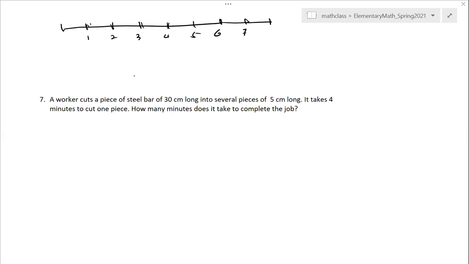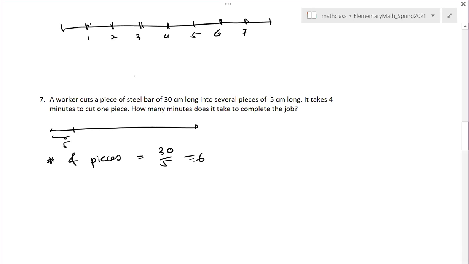So when you see a problem like that, you draw the picture, okay? So this is 30 centimeters long, cut into several pieces of 5 centimeters long. So here's a 5. So you can figure out the number of the pieces, right? The number of pieces is going to be 30 over 5, which is 6.